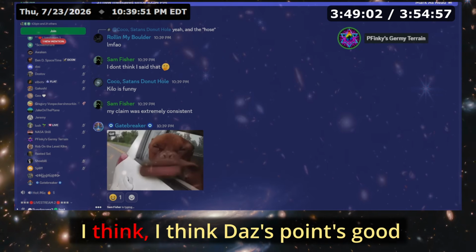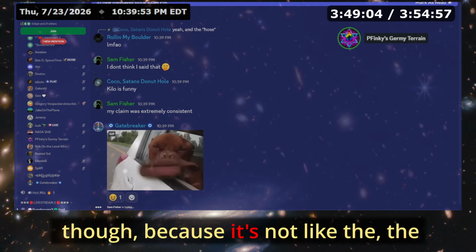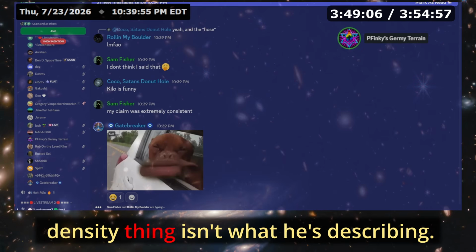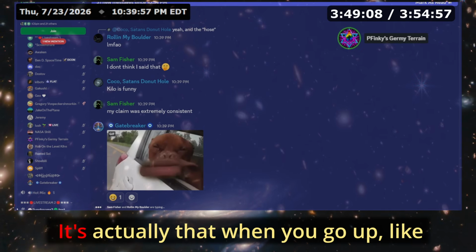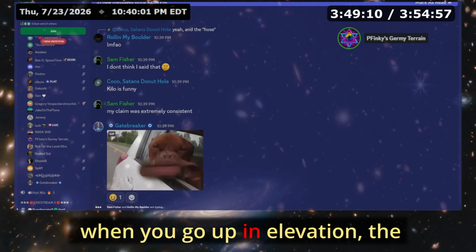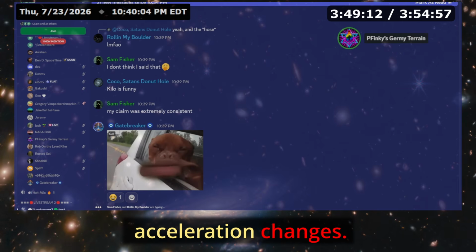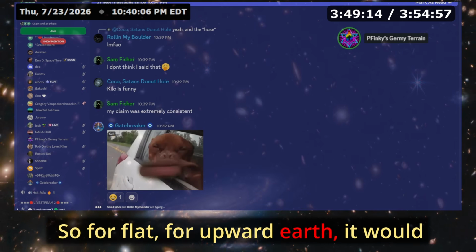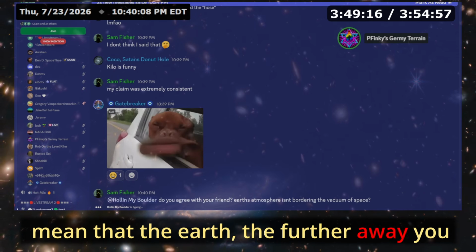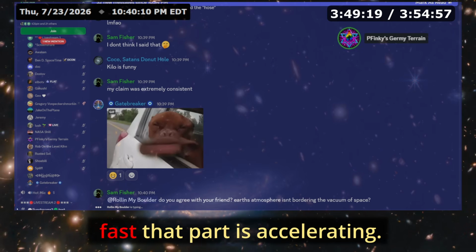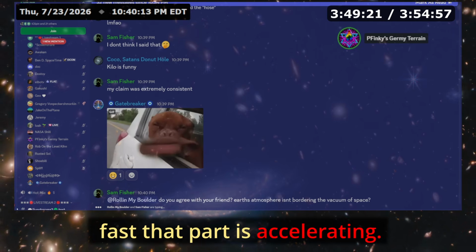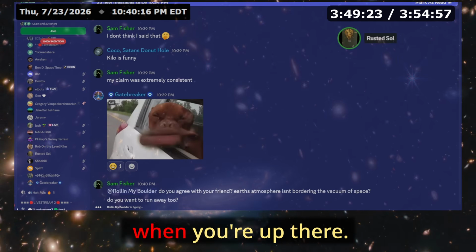I think Daz's point is good though, because it's not the density thing he's describing. It's actually that when you go up in elevation, the acceleration changes. So for upward Earth, it would mean that the further away you get from Earth, the less fast that part is accelerating, because you're not touching Earth when you're up there.